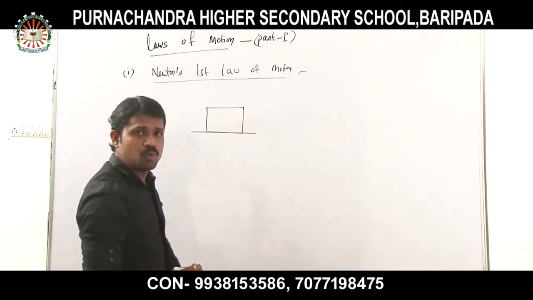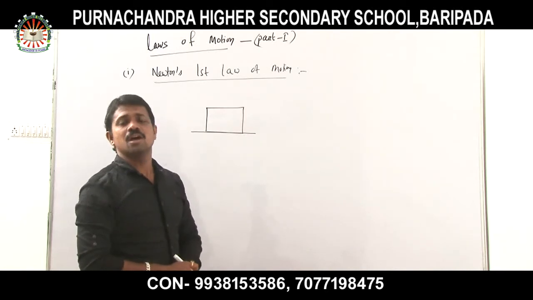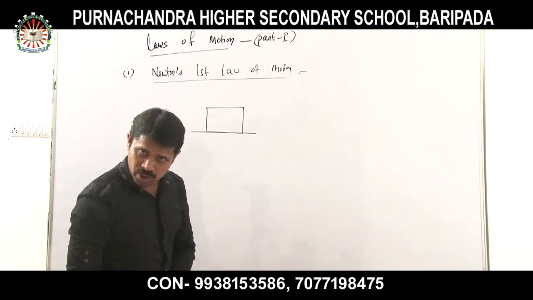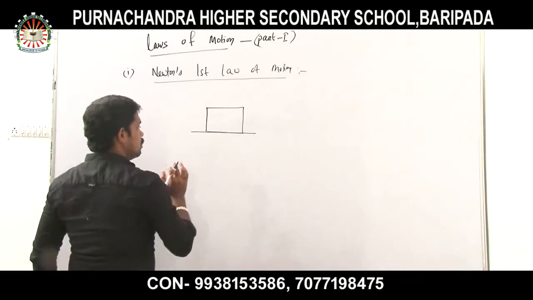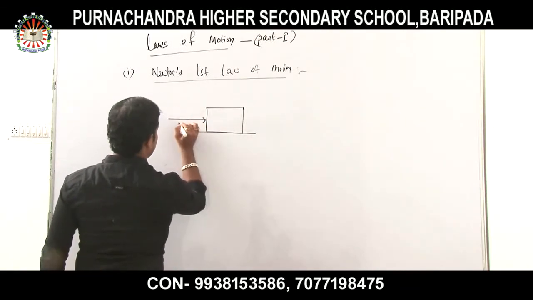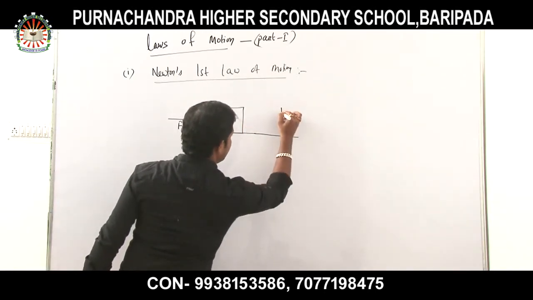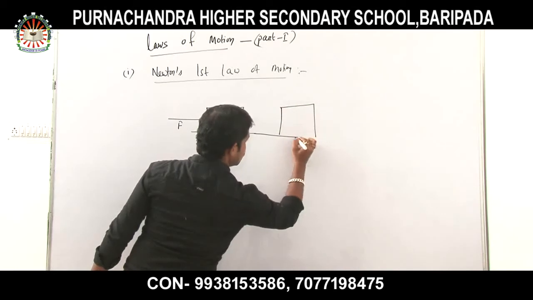It will not move if there is no external force applied on it. But if we apply some external force or external agent on it, then it will move and come into this position.